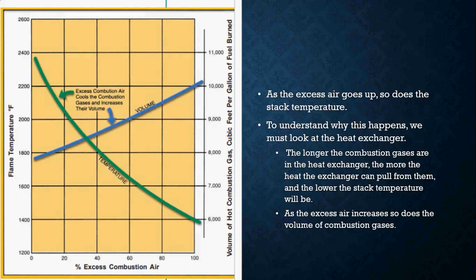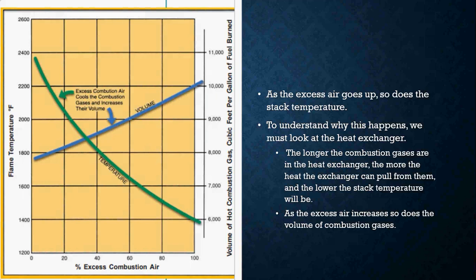As the excess air goes up, so does your stack temperature. To understand why this happens, we have to look at the heat exchanger. The longer the combustion gases are in a heat exchanger, the more heat the exchanger can pull from it, and the more it can pull, the lower the stack temperature is going to be.